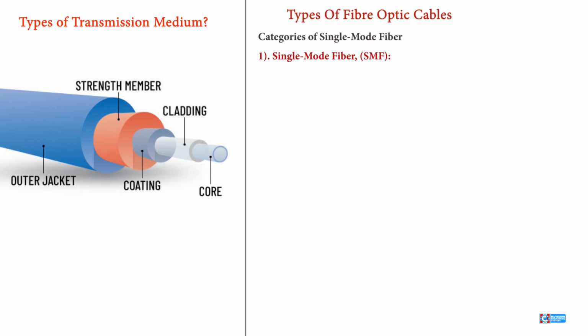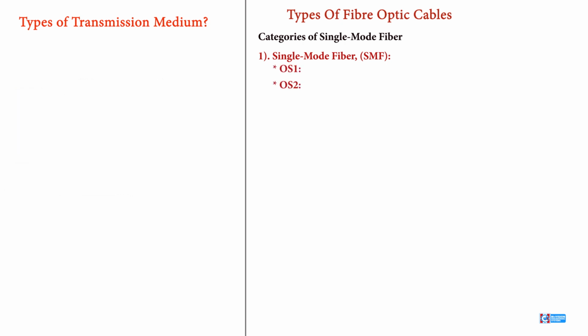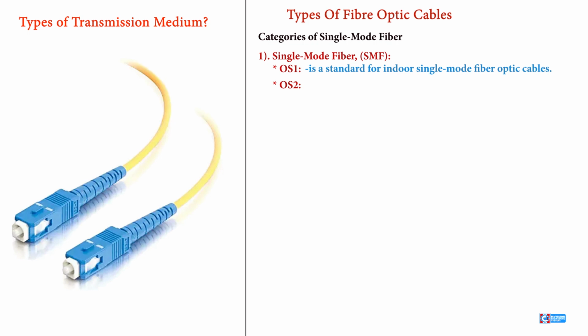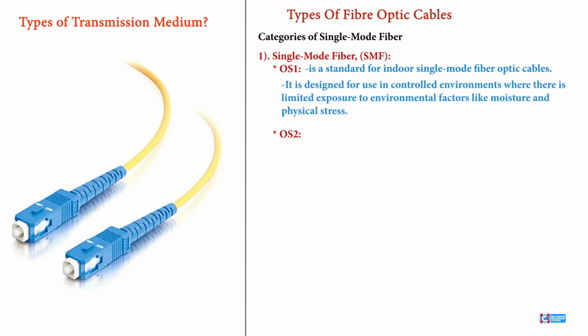Single-mode fiber is further categorized under two specifications: OS1 and OS2. OS1 is a standard for indoor single-mode fiber optic cables. It is designed for use in controlled environments where there is limited exposure to environmental factors like moisture and physical stress.